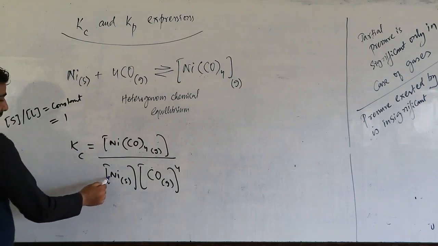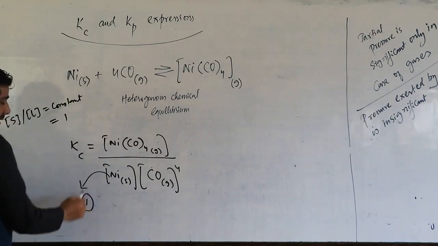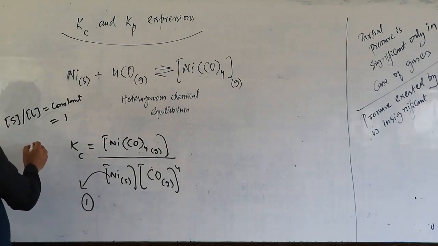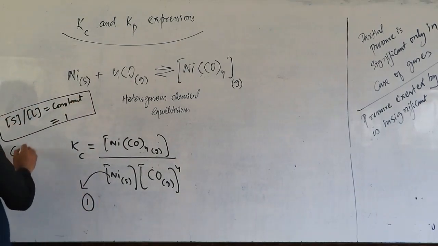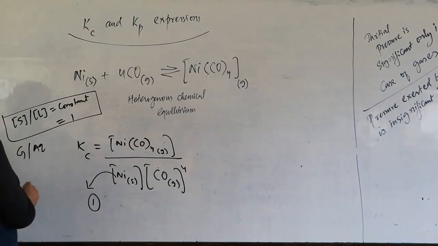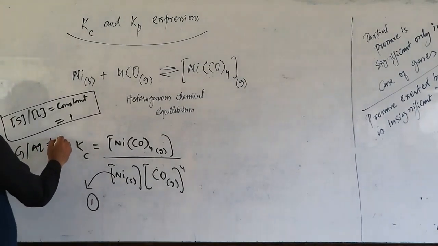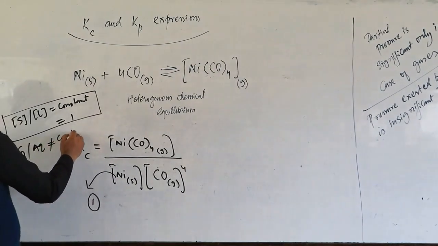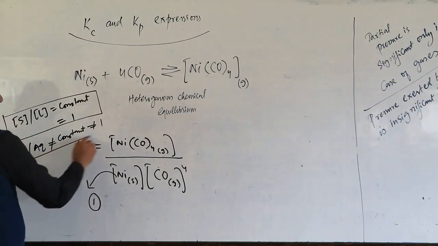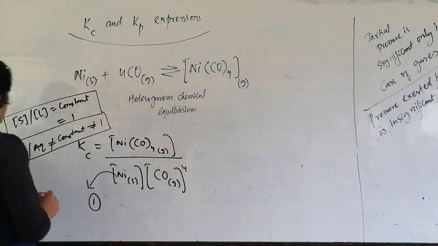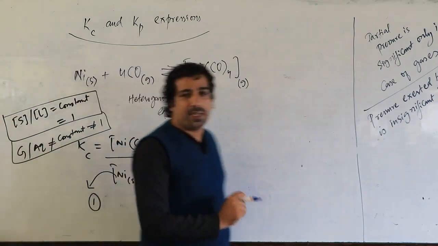So for this substance we have to take molar concentration as 1. But for substances like gases and aqueous, it is not taken as constant or as 1. So please remember this particular thing. I have already told you this. So molar concentration of gas will not be taken as 1.